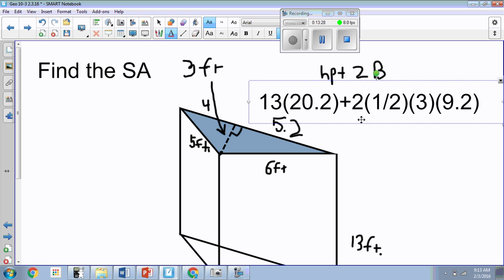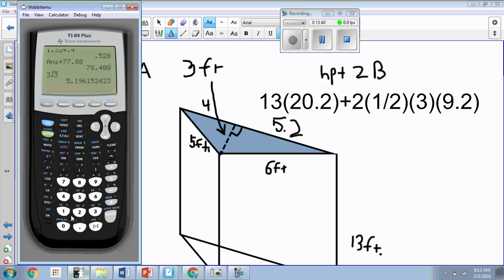Alright, so this math looks kind of nasty, but it's not going to be as bad as it looks. This 2 and this 1/2 are just going to cancel right out. So really we just need to do 13 times 20.2, and I'll evaluate that on the calculator just to make sure I get it exactly right.